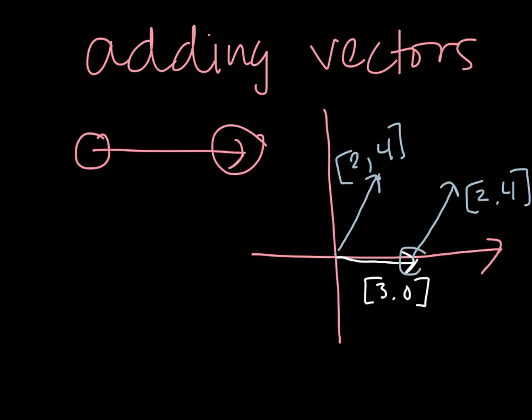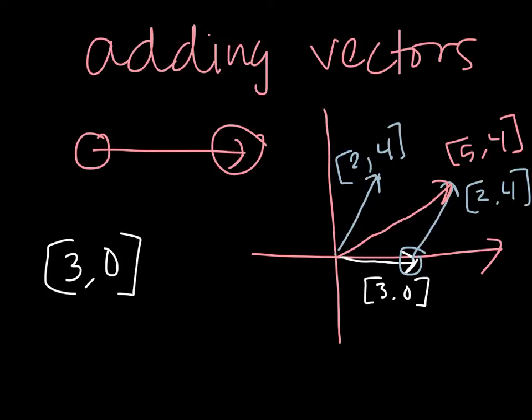And the resulting vector actually would then go from beginning to end. And so the resulting vector is 5, 4. And the way that I do that is I look at my original vector 3, 0, and I add the vector 2, 4.